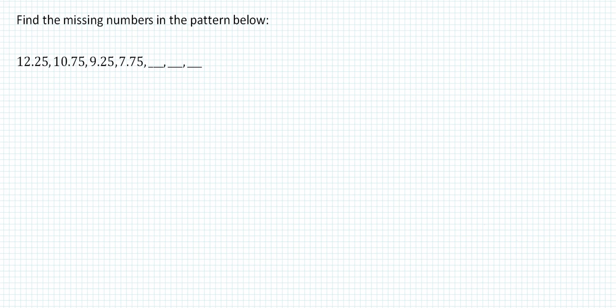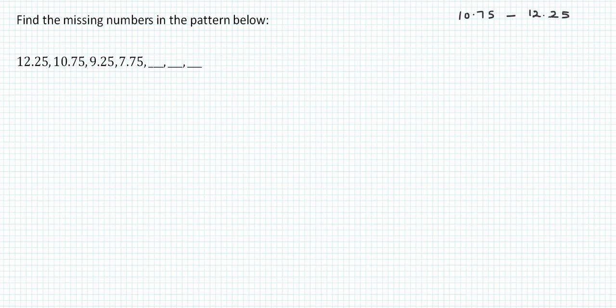And then our final example, we have 12.25, 10.75. So we're going to subtract the numbers. So we would normally say 10.75 minus 12.25.